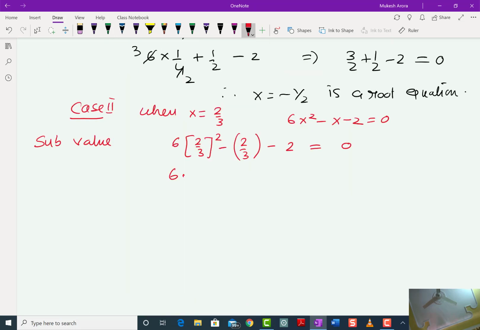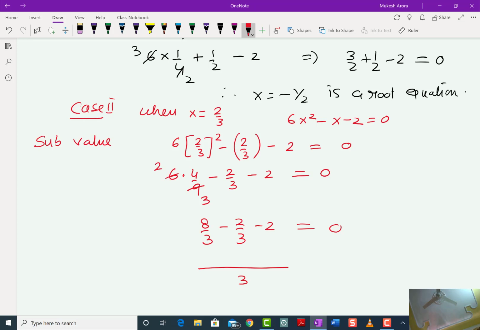So 6 into 4 by 9 minus 2 by 3 minus 2 should be equal to 0. 8 by 3 minus 2 by 3 minus 2 should be equal to 0.